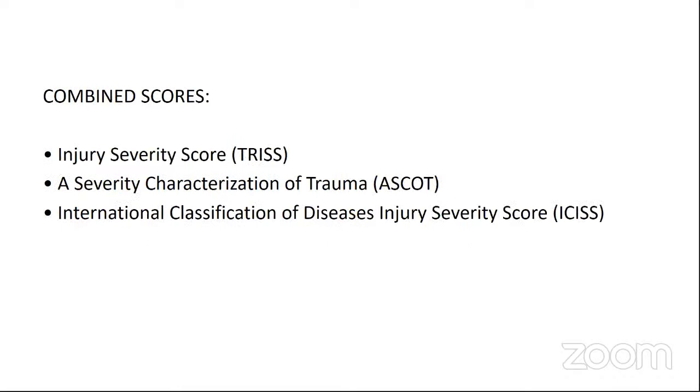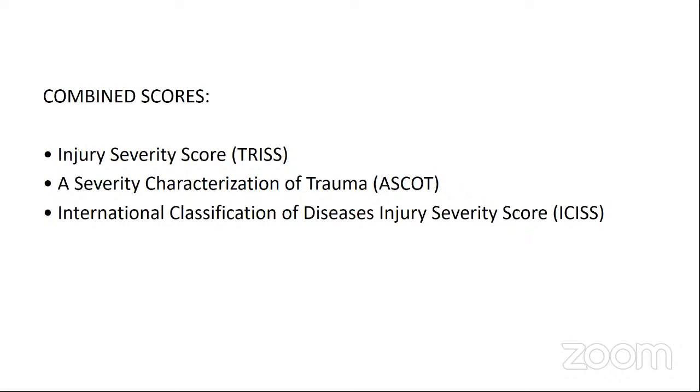Combined scoring systems include the trauma and injury severity score, a severity characterization of trauma, and the international classification of disease injury severity score or ICISS. So these are the anatomical, physiological, and combined scores.